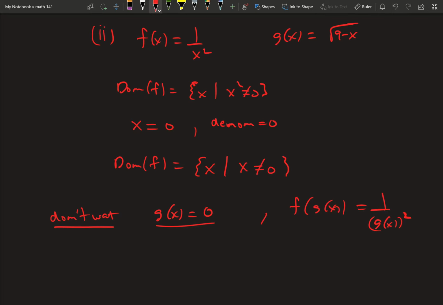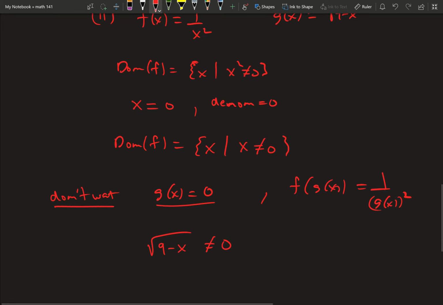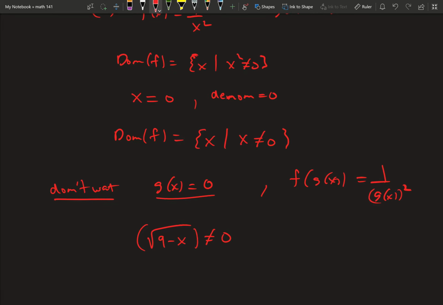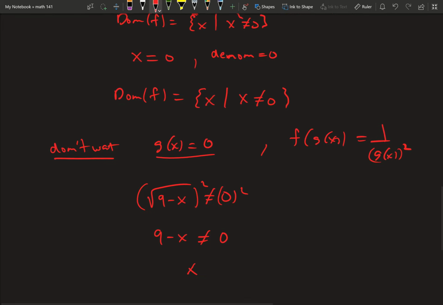So, well, what does that mean? That means 9 minus x should not be 0. That means if you square both sides here, 9 minus x itself shouldn't be 0, which means x can't be 9. And that's exactly the condition that we got from our step 2, which is x can't be 9. So this is just another way of thinking about it I wanted to show you.